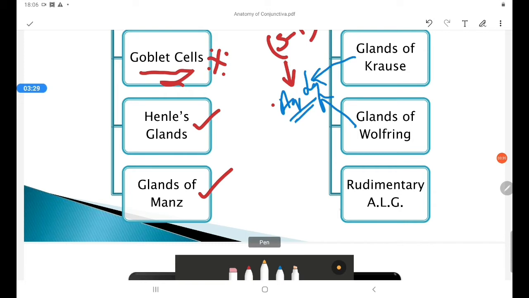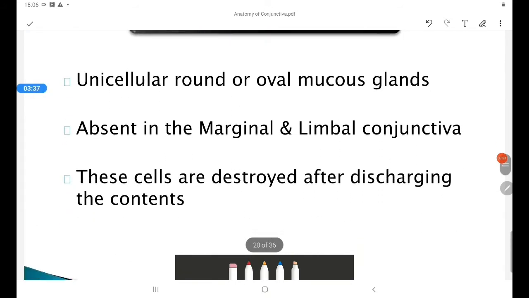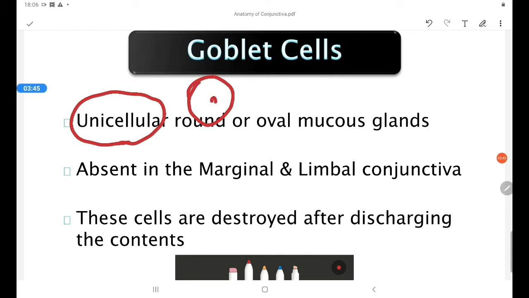The existence of a rudimentary accessory lacrimal gland is not important. Coming to goblet cells, it's important to know that these are unicellular, single celled, and they are not present in the terminal ends.